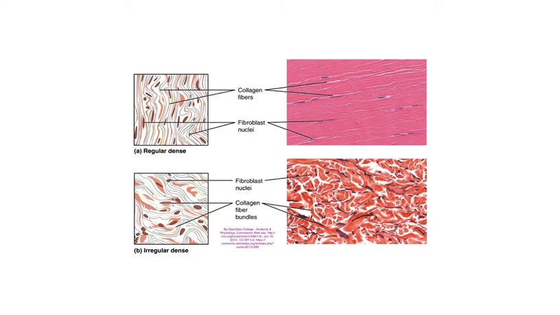And what I note is that the collagen fibrils can be either regularly arranged, all going in the same direction, or they can weave in and out all through, back and forth, in a very irregular sort of a way. And then I would call it irregular dense connective tissue.